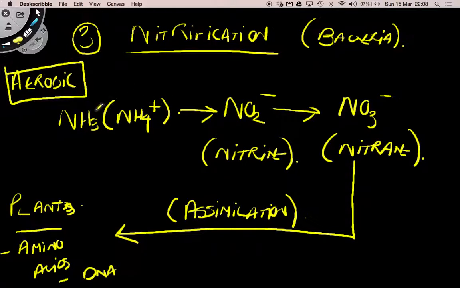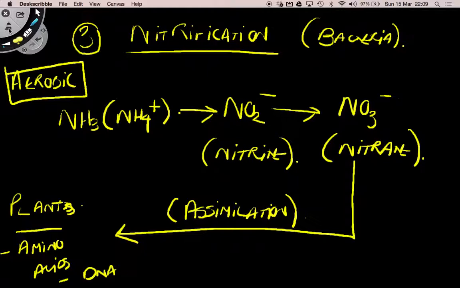Farmers will do everything possible to make sure that they maintain aerobic conditions in their fields, because what they want to do is encourage the bacteria that are responsible for ammonification, fixation and nitrification.